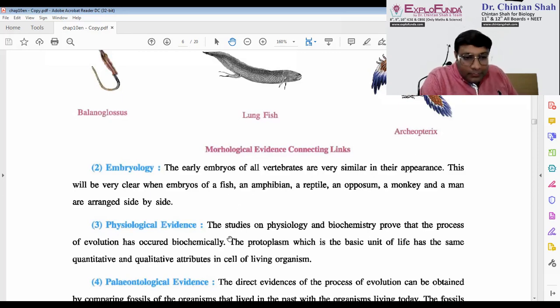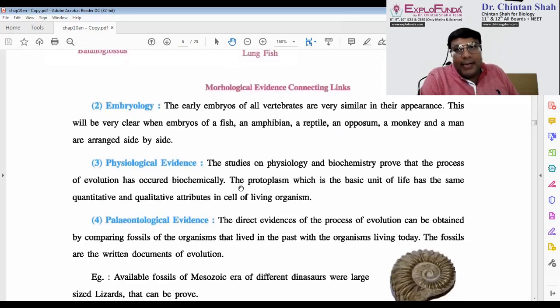Okay, yeah. Physiological evidences. In my body, lactase is the enzyme required for the digestion of lactose. In a dog's body also, it is the same. Yes. And protease is the enzyme required for the digestion of protein, even in the frog's body.